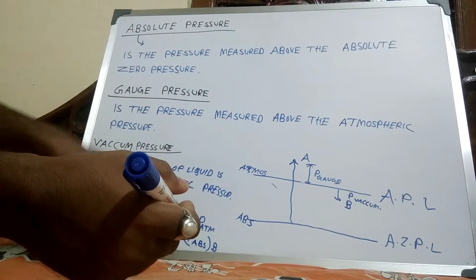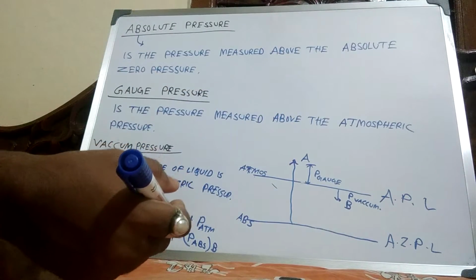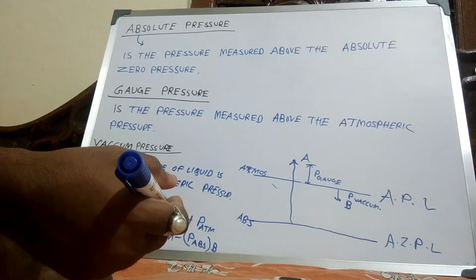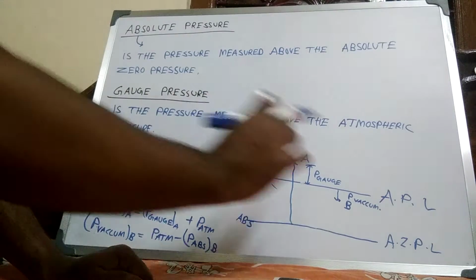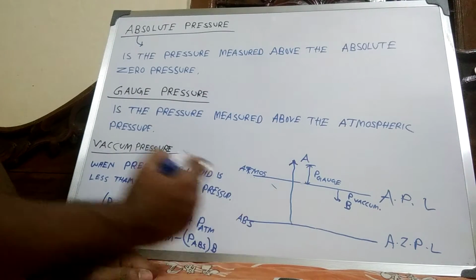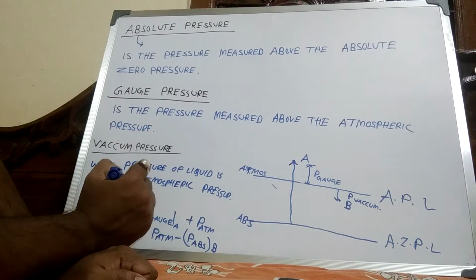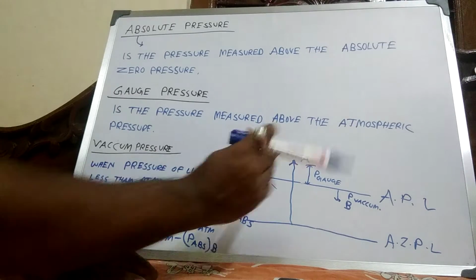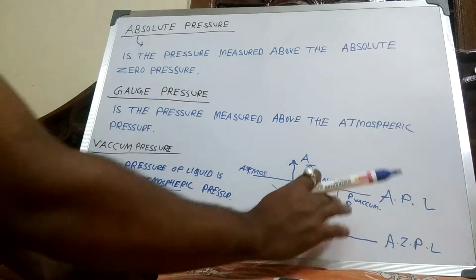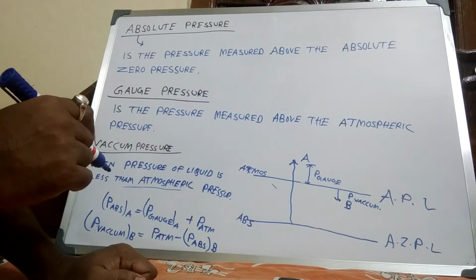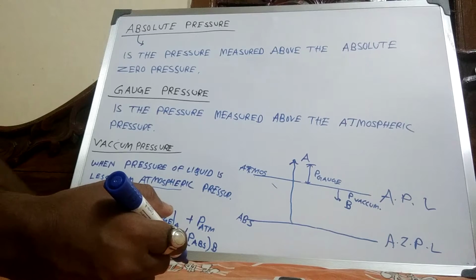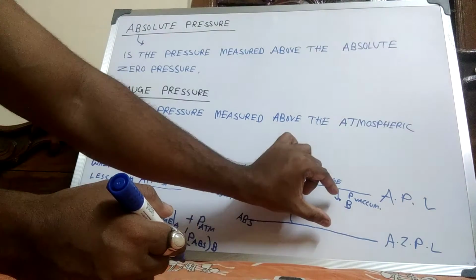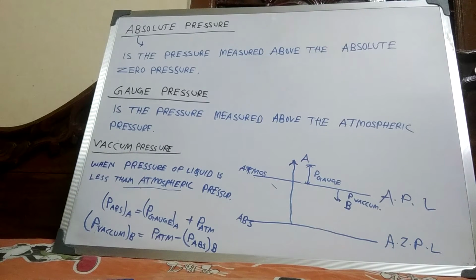This is the absolute pressure of A, and vacuum pressure of B. Vacuum pressure means less than atmospheric pressure. This total height is P atm, atmospheric pressure, minus this one is the absolute pressure. Understand?